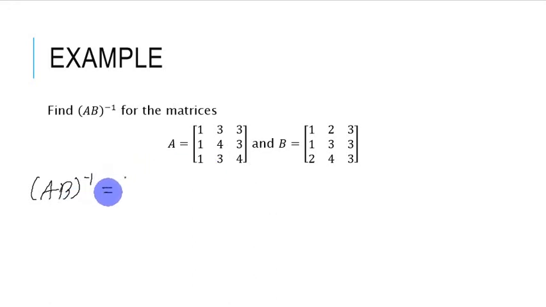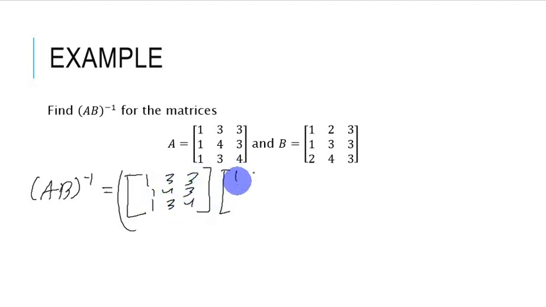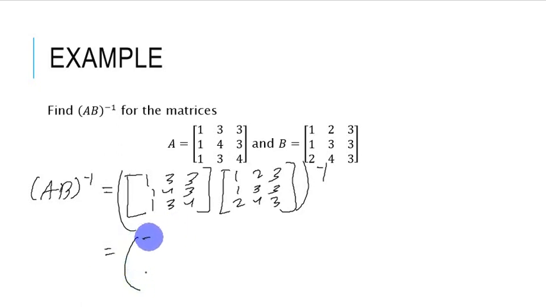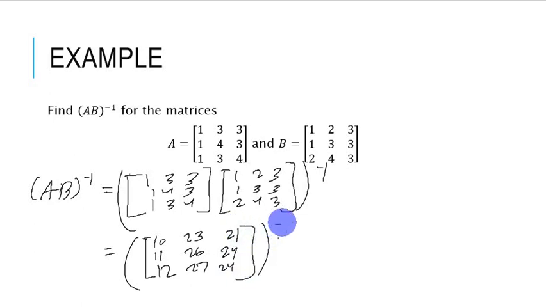If we're going to do that, let's multiply [1, 3, 3; 1, 4, 3; 1, 3, 4] by [1, 2, 3; 1, 3, 3; 2, 4, 3], then get its inverse, if that will be faster for you. If we multiply this first, we're going to get the matrix [10, 23, 21; 11, 26, 24; 12, 27, 24], and then you find its inverse by Gauss-Jordan elimination, since this is 3 by 3.